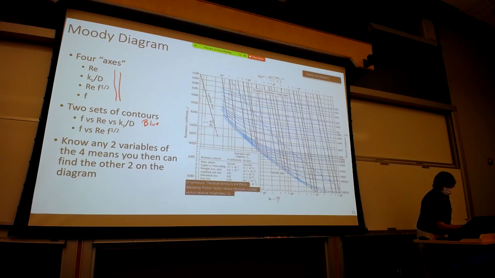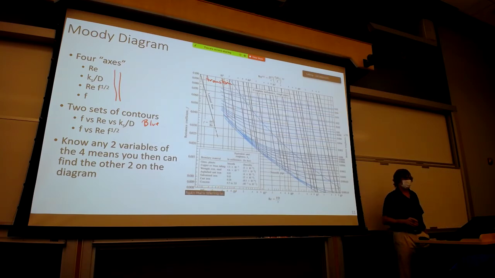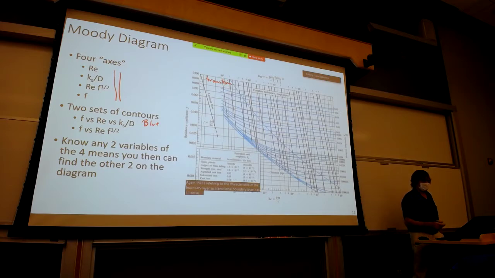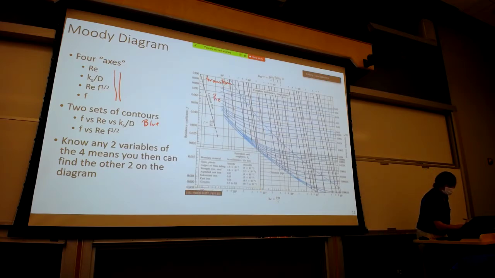So there's, in the transition zone, again, that's referring to the characteristics of the boundary layer, so transitional boundary layer has a laminar sublayer. In the transition zone, you need both Reynolds number and relative roughness to find the friction factor because these contours are curving.